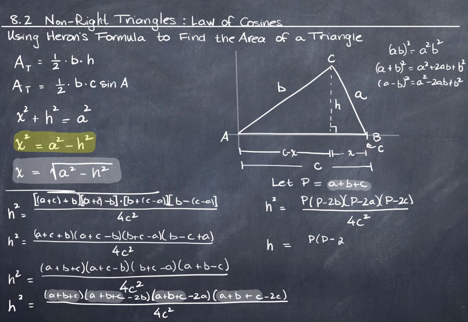Minus 2a times p minus 2b times p minus 2c, right? And it's going to be the square root of that over the square root of 4c squared. But the square root of 4c squared is 2c.